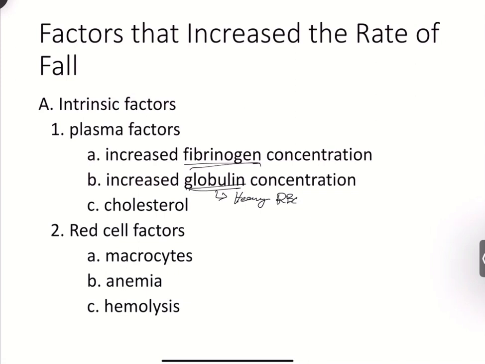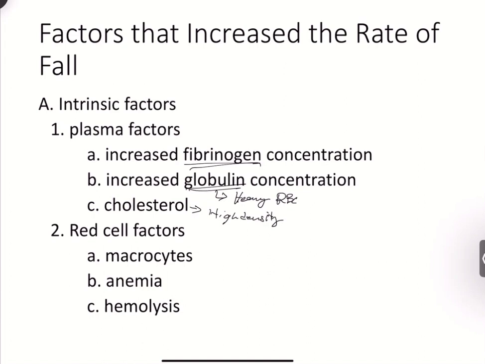Next is cholesterol. Your cholesterol also increases the rate of fall. Why? Because of its high density, it will adhere to the sides of the cell, forming a high rate of settling.